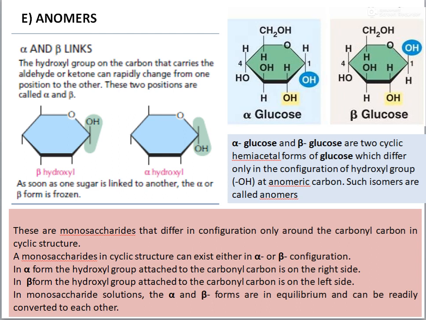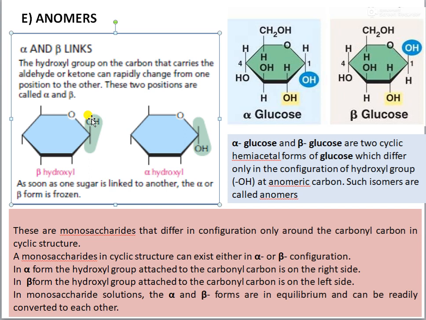In the alpha form, the hydroxyl group attached to the carbonyl carbon atom is on the right side. And when it is attached to the left side, it is considered the beta form.